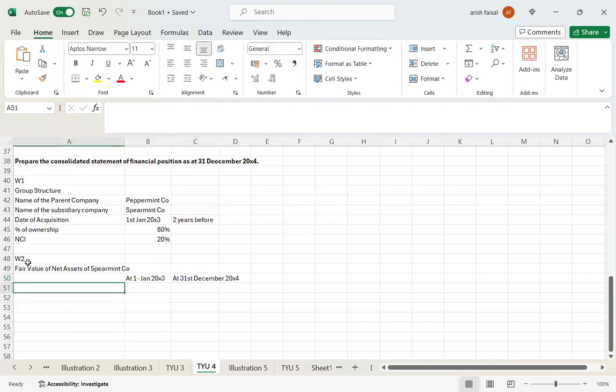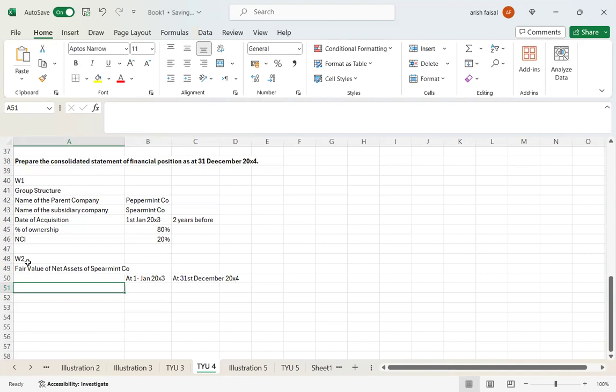Okay. Now, please try to understand that when you're recording your goodwill, it's actually the difference between how much you have paid for it and how much you have got.